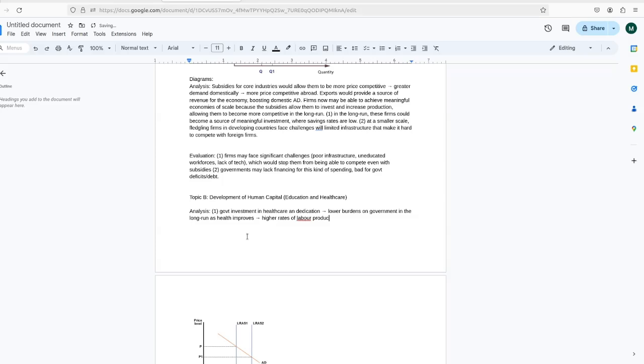It's also going to lead to higher rates of labor productivity. And that's both because of the higher level of education, but it's also because people are going to have longer life expectancies. They're going to be more productive. They're going to be healthier. They'll miss fewer days due to sickness. So you overall get more labor productivity, and unit costs of labor go down.